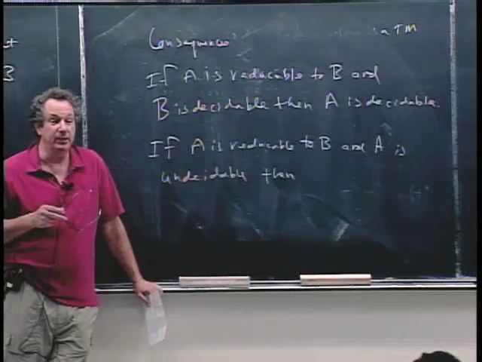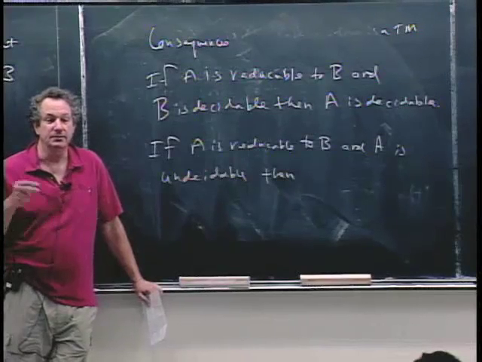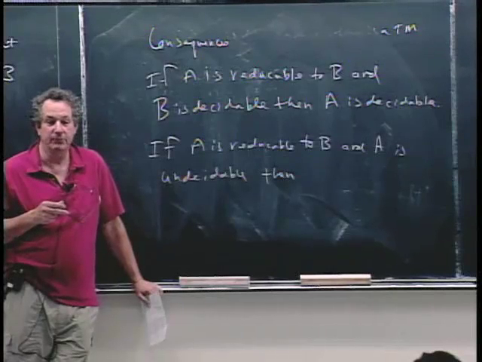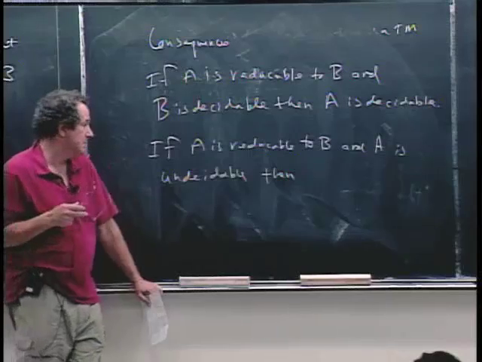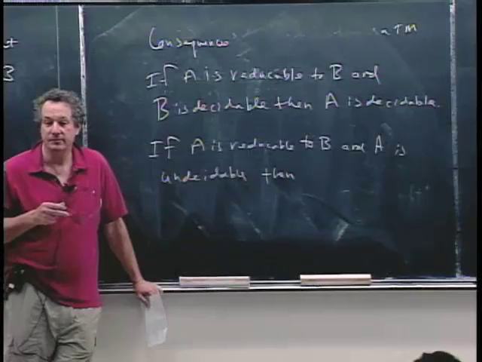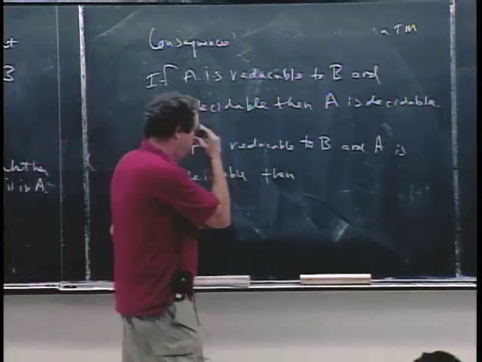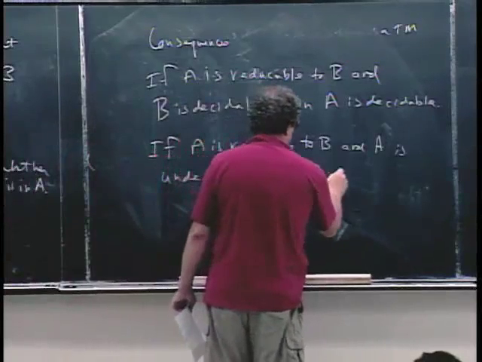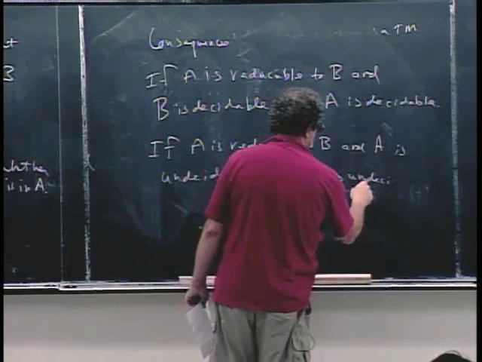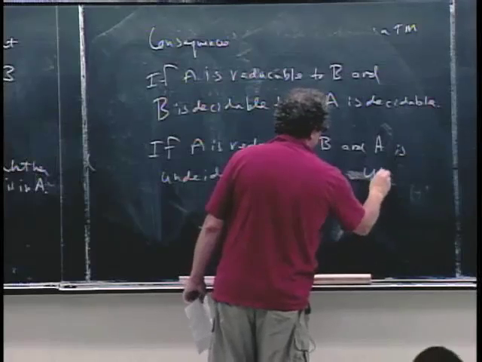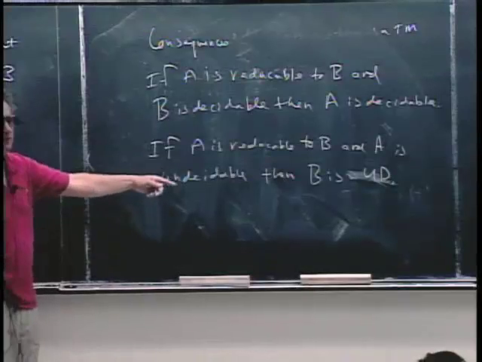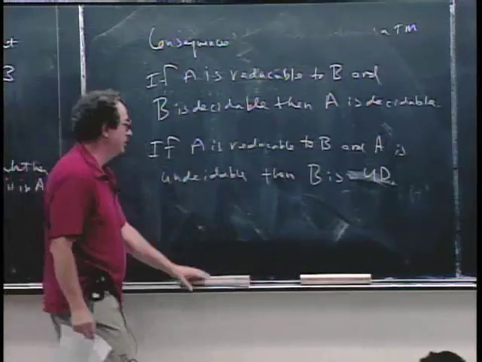Well, we talked about this last time, but just think it through. And B is undecidable. Yeah, undecidable. I can't spell it, so I'll just say UD, undecidable.